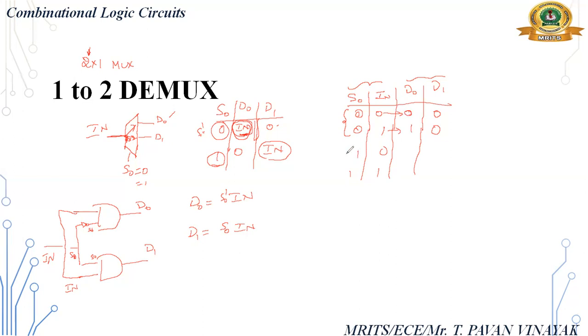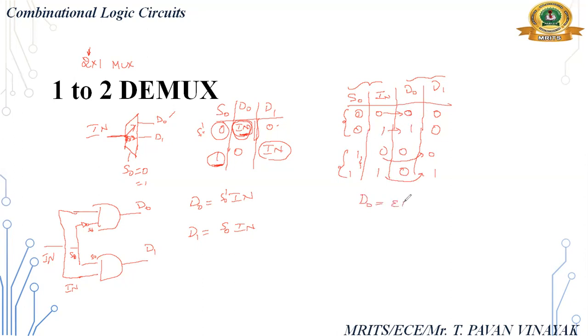Next, for S0 is equal to 1, what happens? D0 will be 0. D1 will be IN. Whatever IN is available right here. 0, 1. Right? So D0 is equal to what?